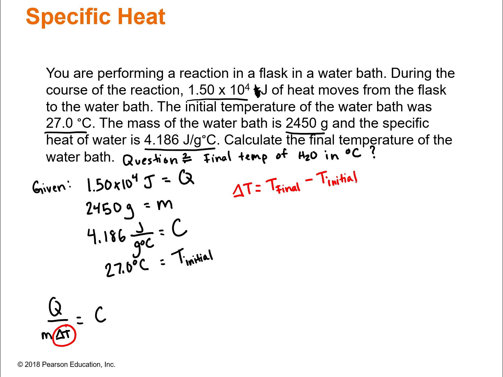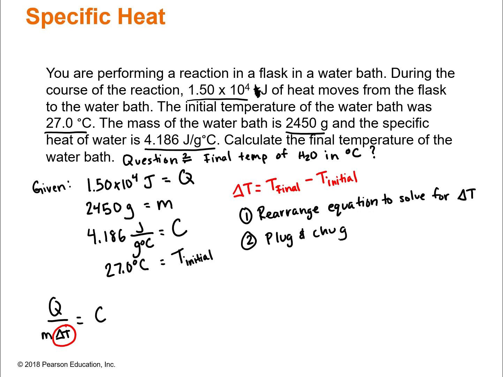So our game plan here: we're going to rearrange the equation to solve for delta T. Then we're going to plug and chug, which is just simply you put in your numbers, you get the number.